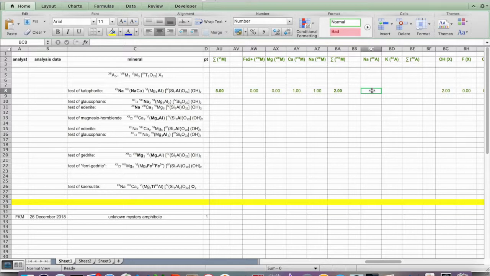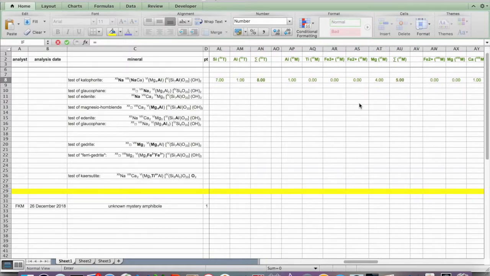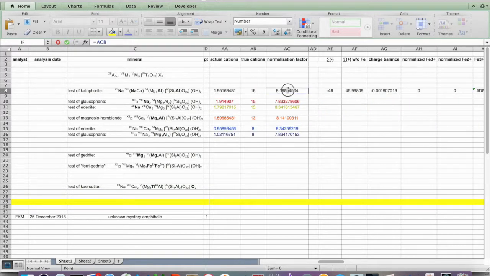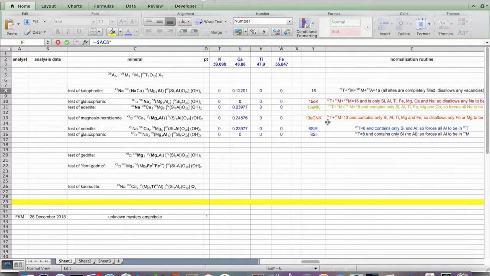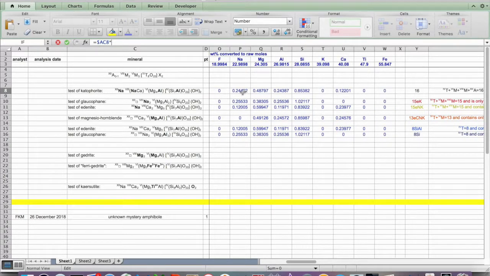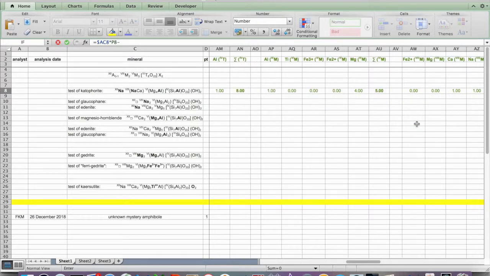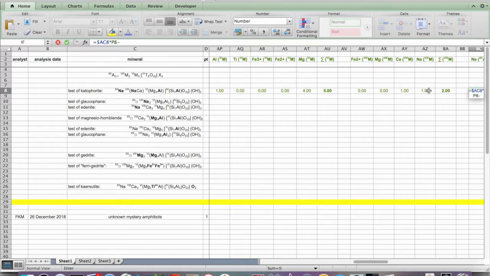And so this is going to be equal to, again, the total amount of sodium that potentially we have available to us, the normalization factor times the amount of sodium, minus the sodium that we've already used. Okay, and here is the sodium that we've already used.